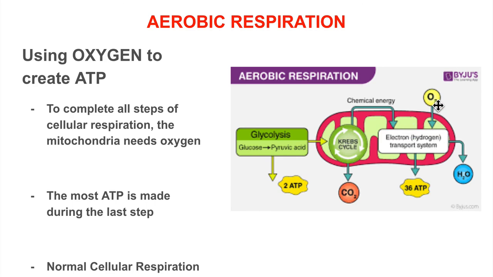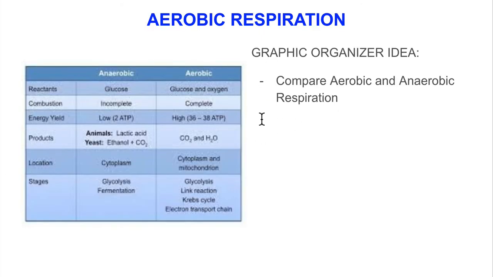That electron transport chain needs oxygen to make all of that ATP. Most of our ATP is made through aerobic respiration. This is why we breathe. This is normal cellular respiration. So a graphic organizer here would be to compare aerobic and anaerobic.